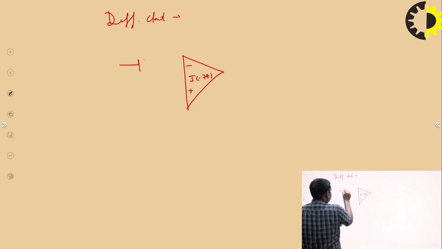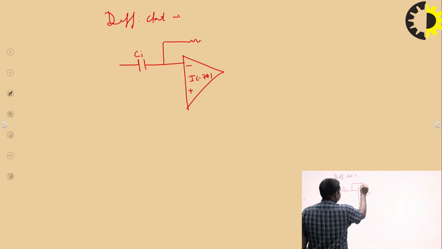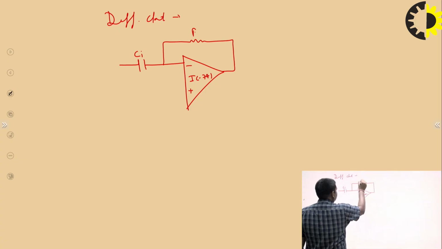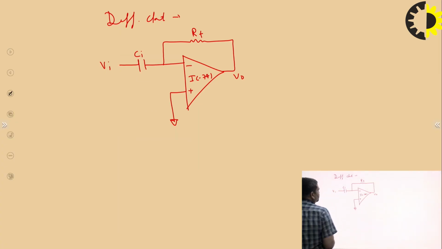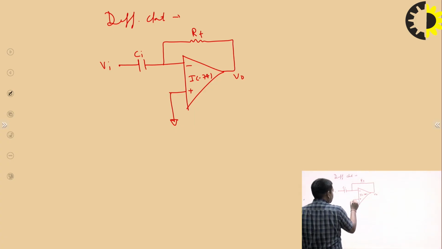This is the capacitance having Ci, and this is the resistance RF. This is V naught, and this is Vi. This is node 1 and this is node 2.